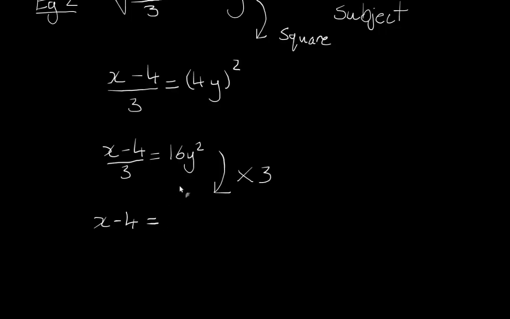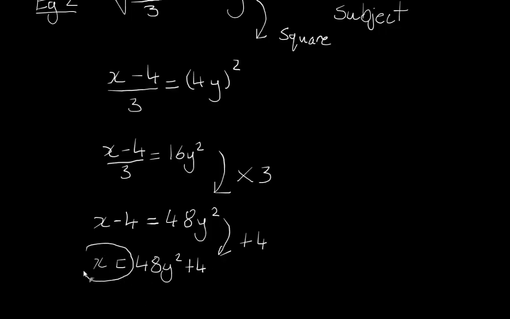And on this side, we're going to get 16 times 3, which is 48y squared, like that. And then the last thing, to get x on its own, we just need to add 4. So we plus 4, that will give us x equals 48y squared plus 4. And then we're done, because we've got x on its own. Remember, that's what we're aiming for. We're aiming for x equals, because it said make x the subject. That's what we've got, so we're finished.